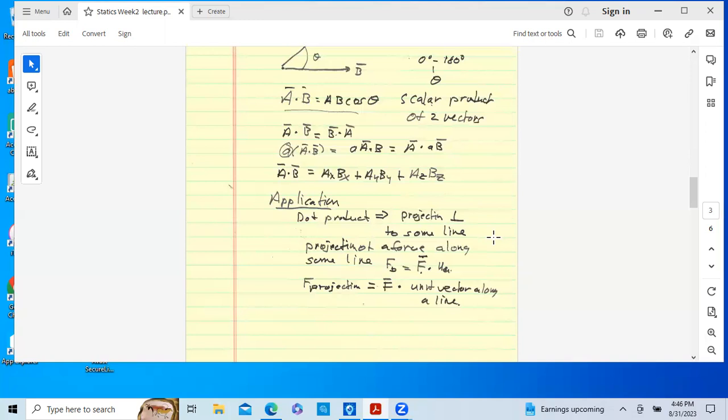There are two applications for the dot product. A dot product can give you a projection perpendicular to some line in space. And the one that we're going to look at today as an example, and one that might have practical applications, I think particularly to the mechanical engineers, is a projection of a force along some line.